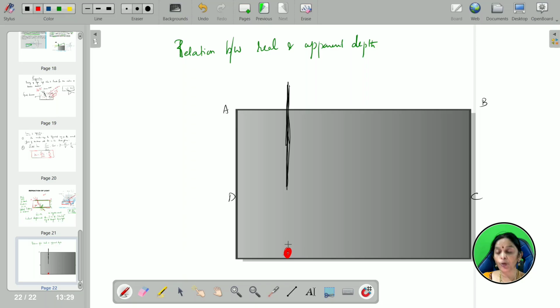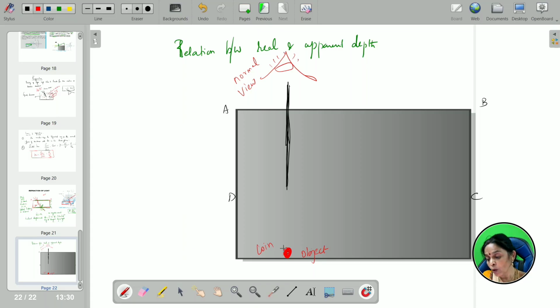The coin can be viewed in two different ways. This coin is called the object. The object is going to be viewed in two different ways. One, I am going to view it normally. This is called normal view. Perpendicularly I am going to view.